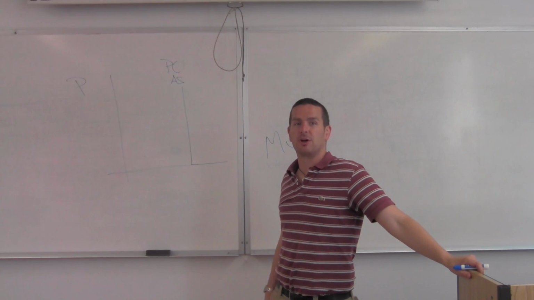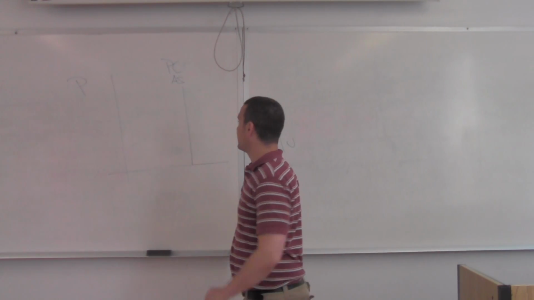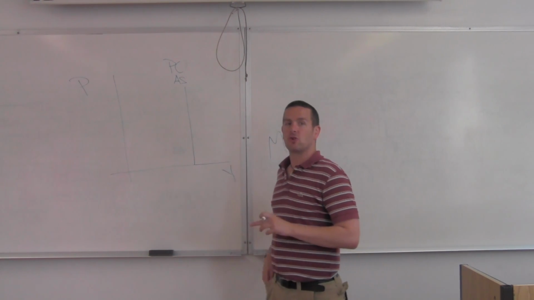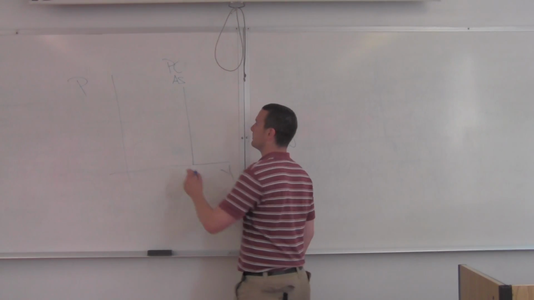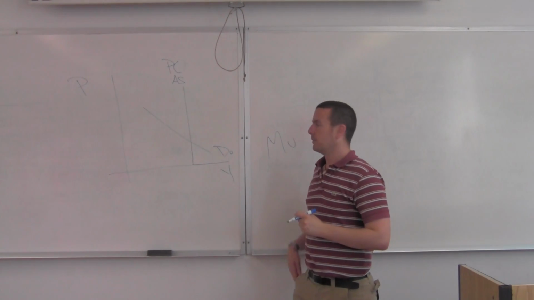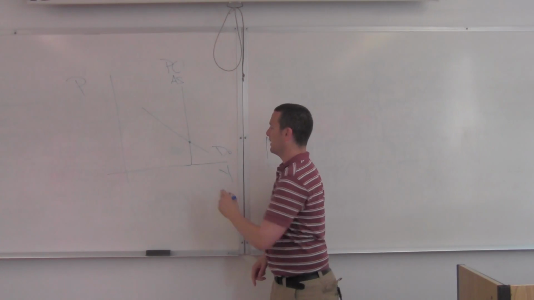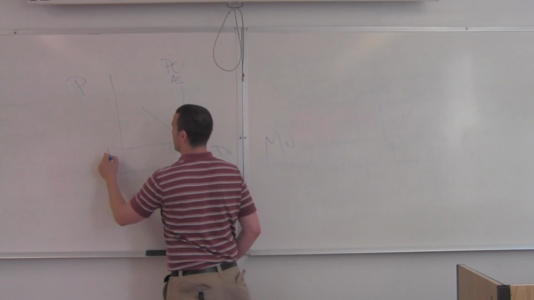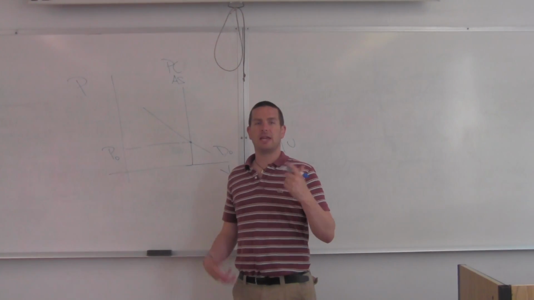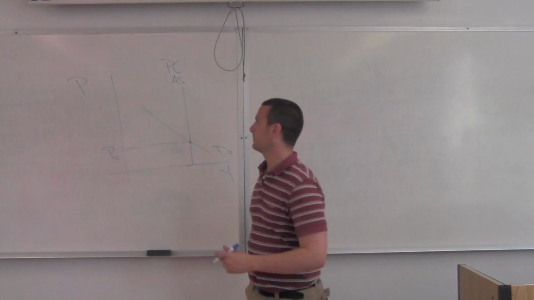Here, in the Phillips curve aggregate supply curve, okay, we have a situation where if we draw in a demand curve, we would end up with this level of output, okay? And this would be our price level. Well, let's say we increase demand, right? What if demand goes up?